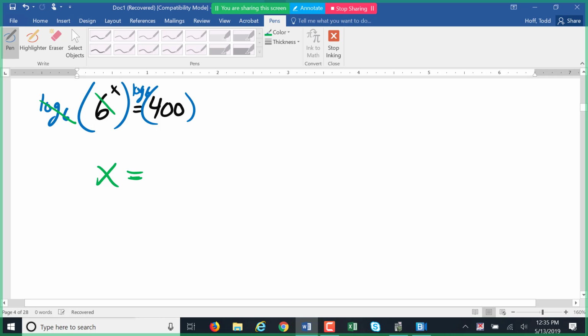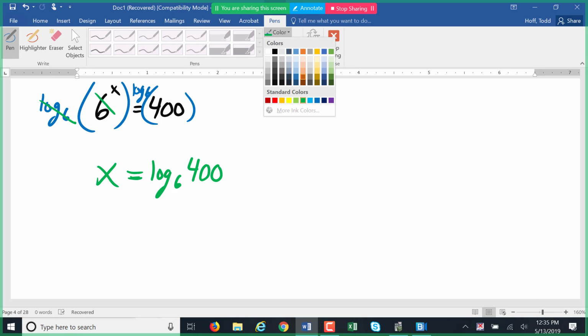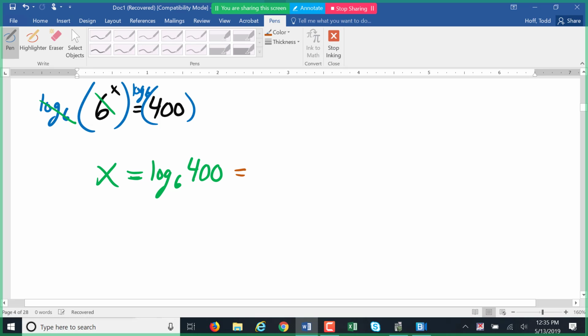On the right side, however, we have to calculate the log base 6 of 400. We don't have a log base 6 button on our calculator, so how did we calculate that? Log 400 divided by what? Of 6, right?